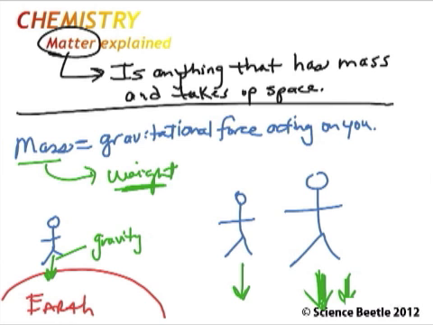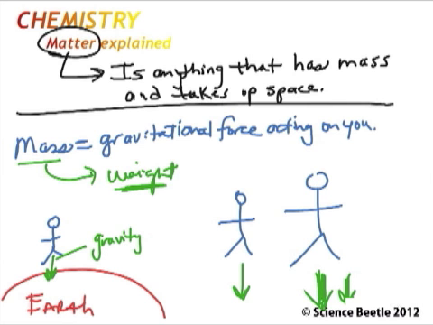Essentially what I'm saying is that the amount of gravity or the weight associated with an object or a person, which essentially is an object, is going to be greater as the object gets bigger, and smaller as the object gets smaller, at least in general trend.